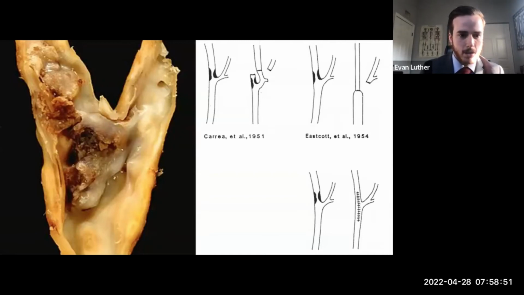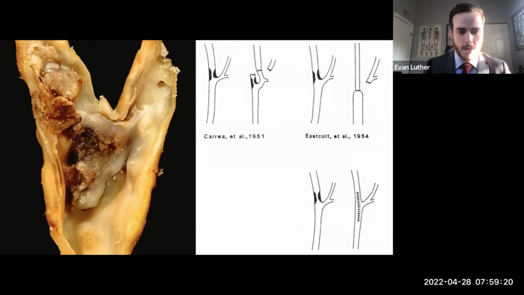Here on the left, you can see Dr. Correa disconnected the internal carotid artery distal to the plaque, and then anastomosed it to the stump at the ECA. Icesat was the one who actually resected the entire segment of the internal carotid artery involving the plaque, and then performed an end-to-end anastomosis of the ICA and the common.